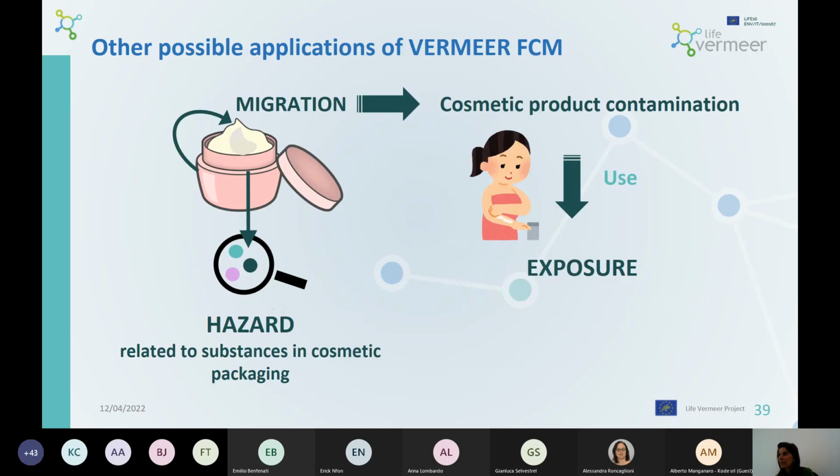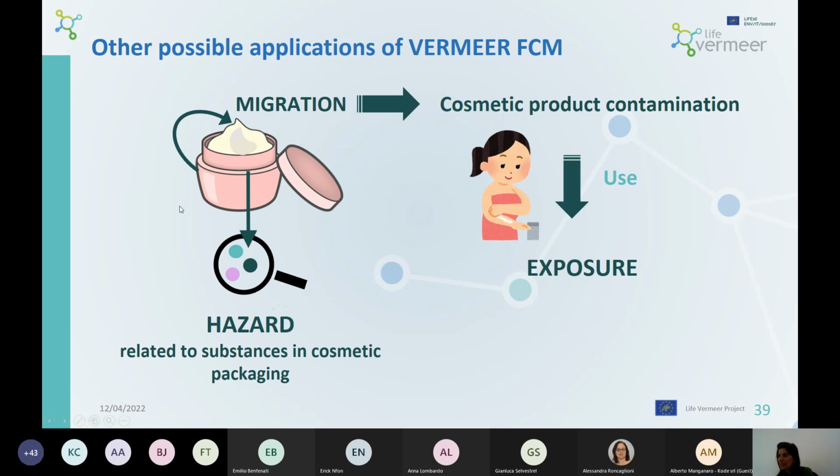So that's it with respect to the case study for the food contact materials. And then I also want to demonstrate that although we have developed the VERMEER FCM tool, as indicated in the name, for food contact materials, there are also other possible applications. When we think about packaging for cosmetics, the principle behind it, when you have to evaluate the possible risk of compounds present in this packaging, is very similar to the situation for food contact materials.